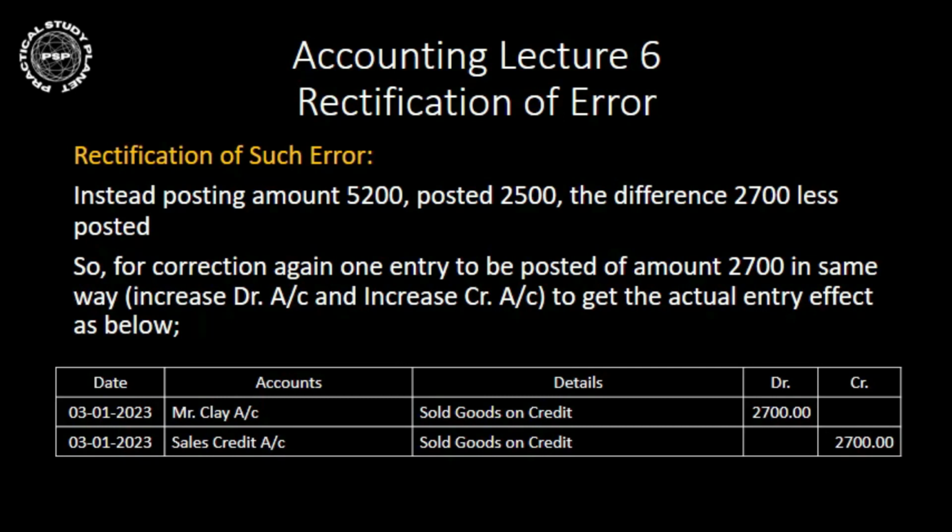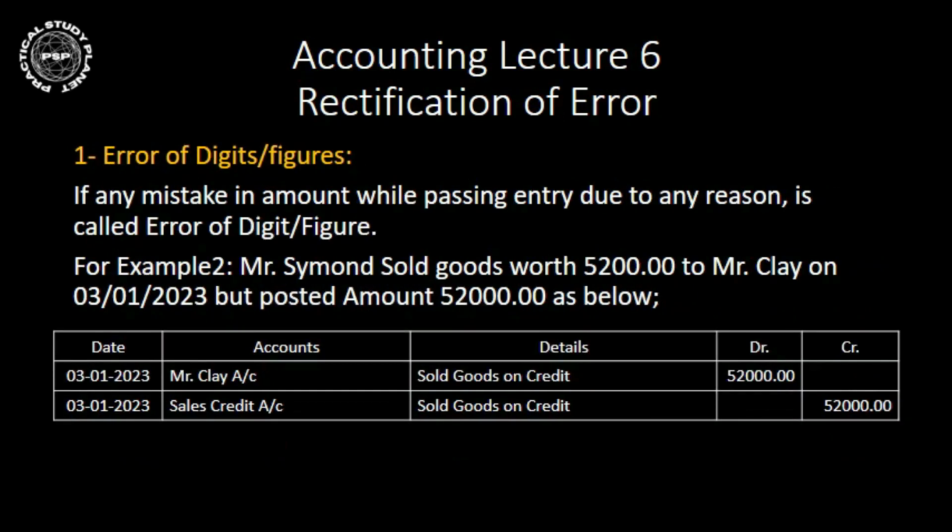The difference of 2,700 was posted less. So for correction, one entry of amount 2,700 is to be posted in the same way: increase the debit account and increase the credit account to get the actual entry effect. Mr. Clay will be debited 2,700 more and sales credit will be increased 2,700 more. So the effect of the error has been finished.